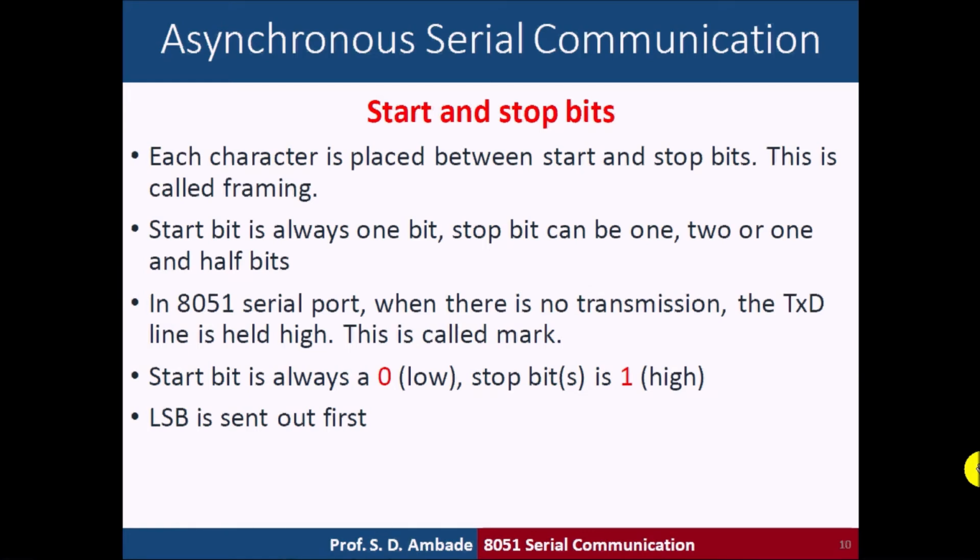Start bit is always a 0, whereas stop bit is always a 1, that is high. And LSB is sent out first, means D0 to D7 is the frame of data, and from that, the D0 bit will be sent first.